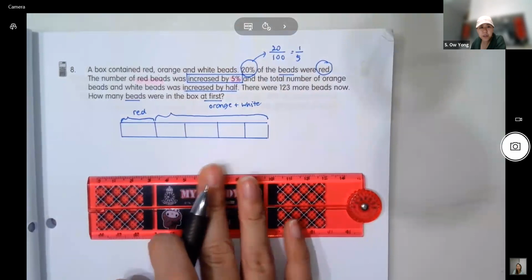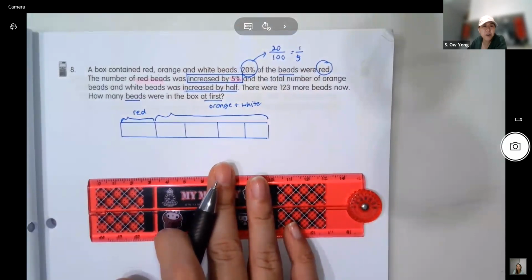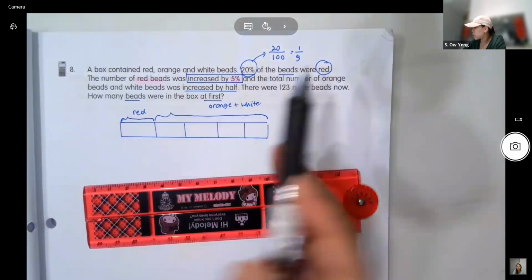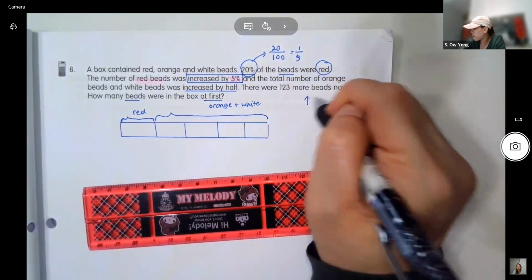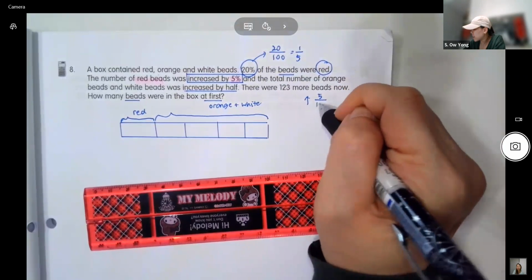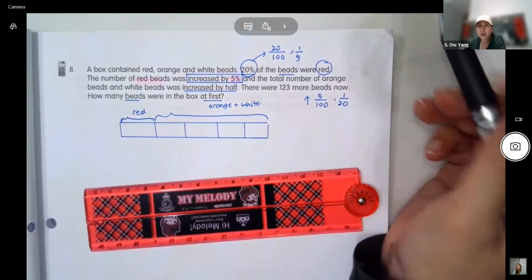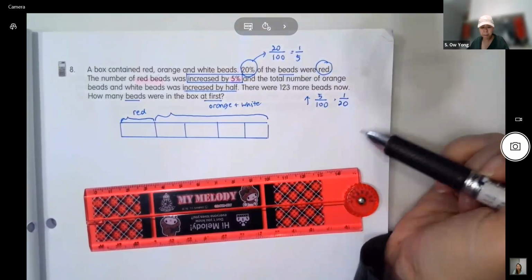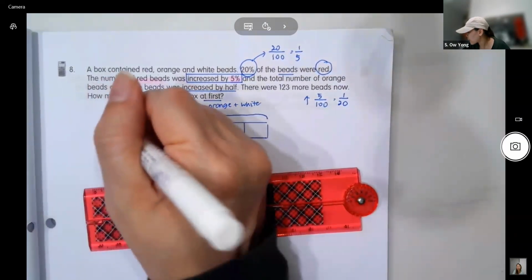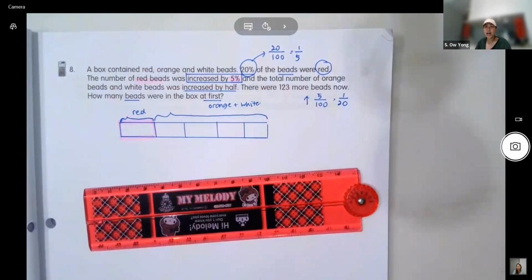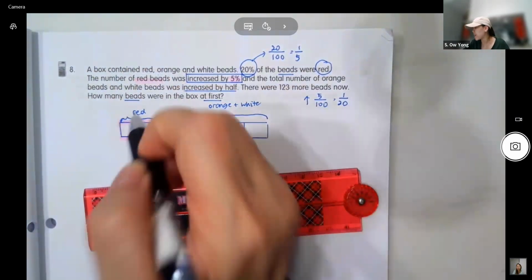But they did tell you that the number of red beads increased by 5%. So when I say increase by 5%, in fraction, it means increase by 1 out of 20, meaning my red beads, I take it as 20 units.